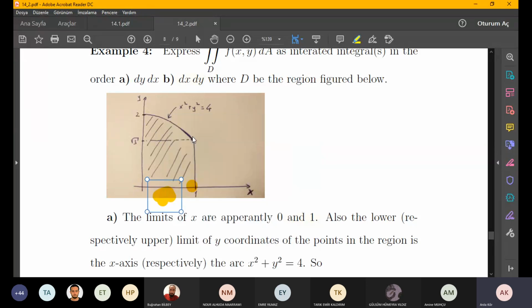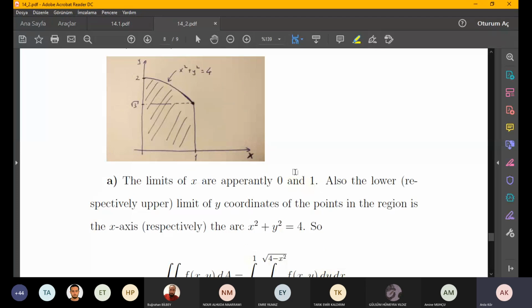So let me clean those. As we had in the previous example, first we will decide the y boundaries. As you can see, we have two parts here, so two areas here that we need to express the boundaries.